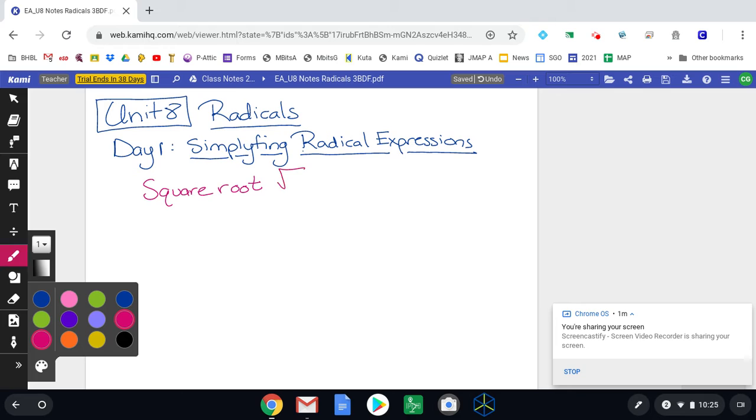And the symbol we're going to use looks like this, the square root of x. And what a square root does is it finds the length of a side of a square, given its area.